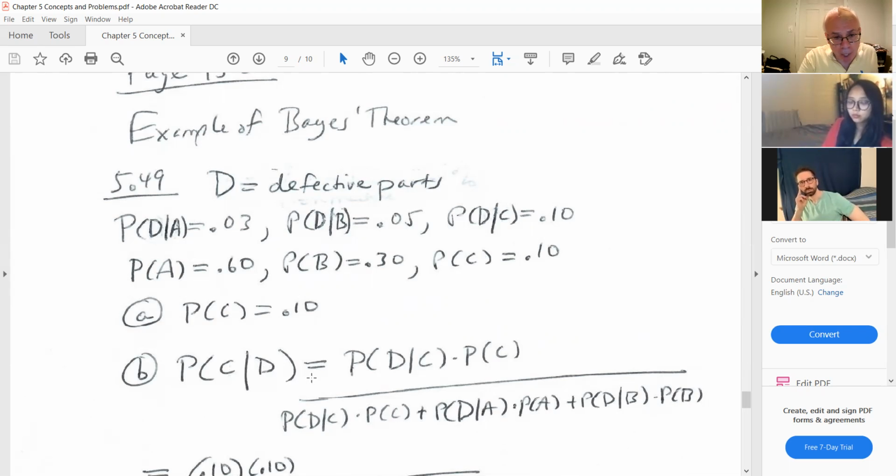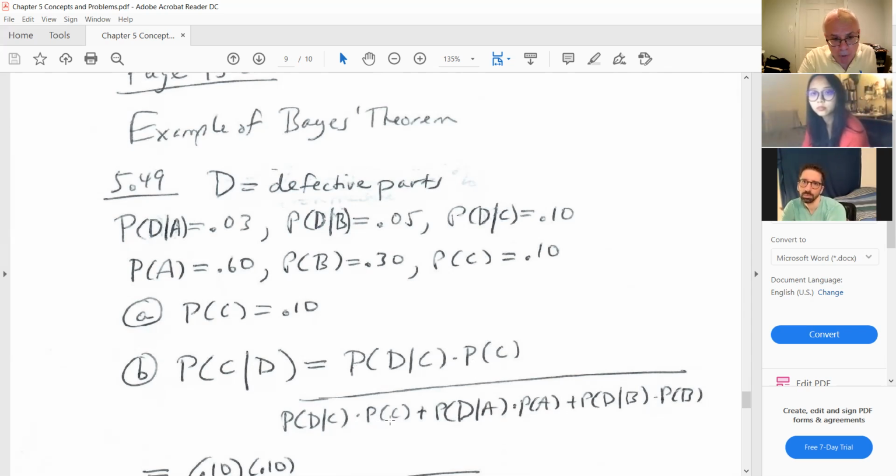All right. And so that's equal to the probability of C and D, which is also equal to the probability of D given C times the probability of C. The denominator, of course, is the probability of D. So the numerator, we know all of this in here, right? All of it is given.